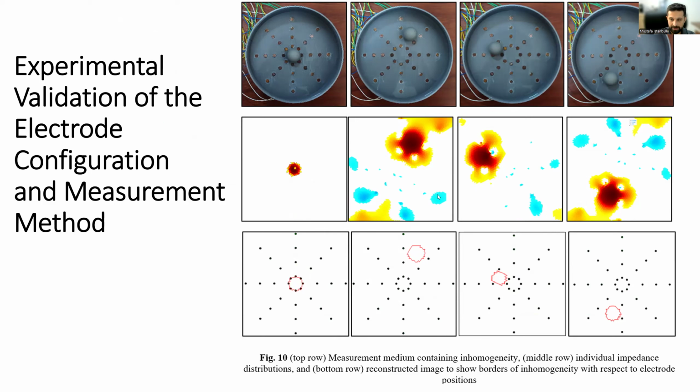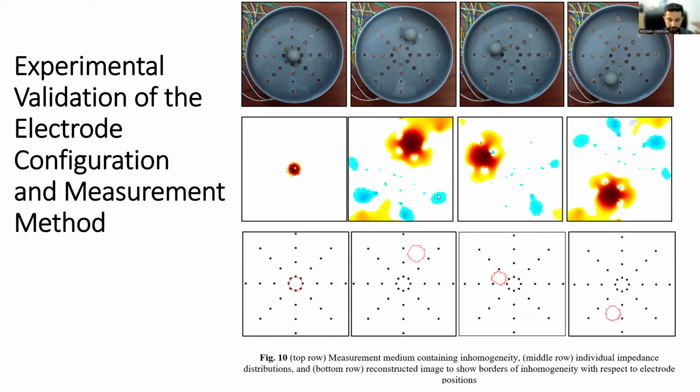Median filtering was applied to the normalized image to reduce inherent noise, thus enhancing the clarity of the meaningful impedance variations. A thresholding procedure was subsequently employed to segment the impedance anomaly from the background, creating a binary image representation that clearly distinguished the inhomogeneous region.